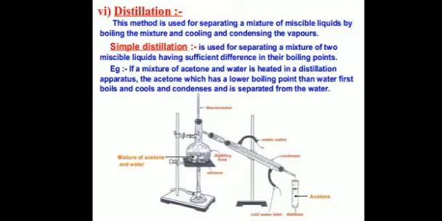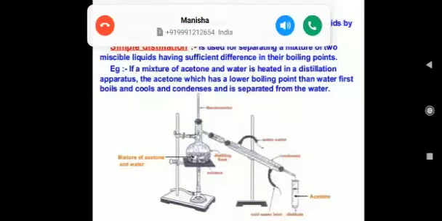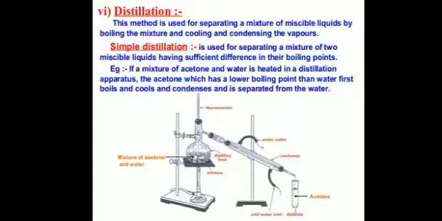We can separate only those miscible liquids which have a sufficient difference in their boiling points. You are familiar with the term boiling point, as Manisha ma'am discussed the term boiling point in chapter number 1.